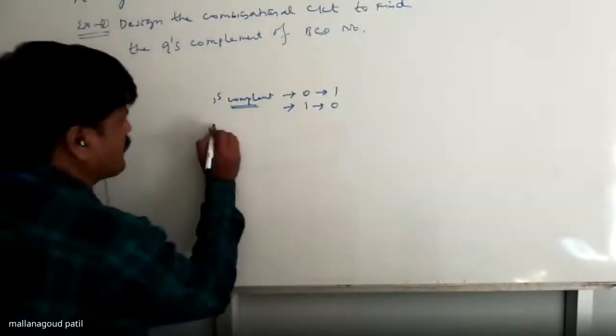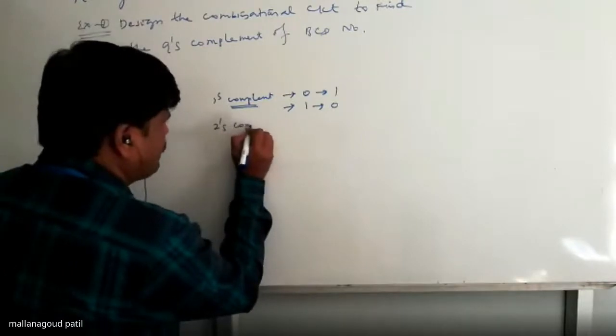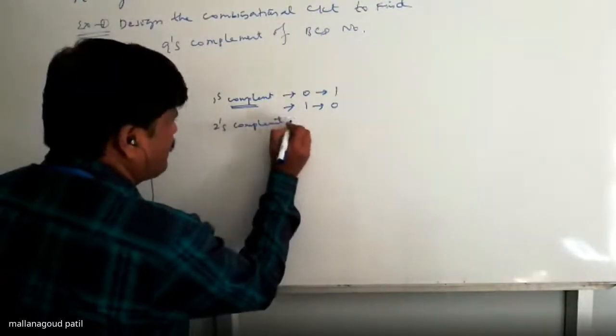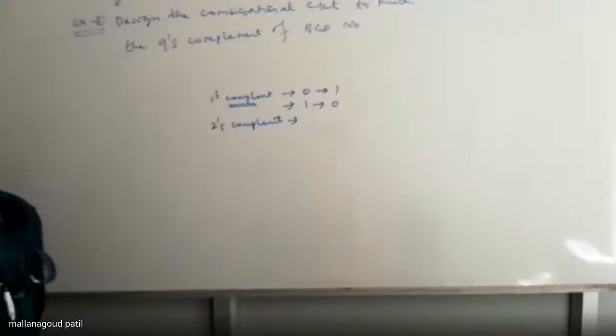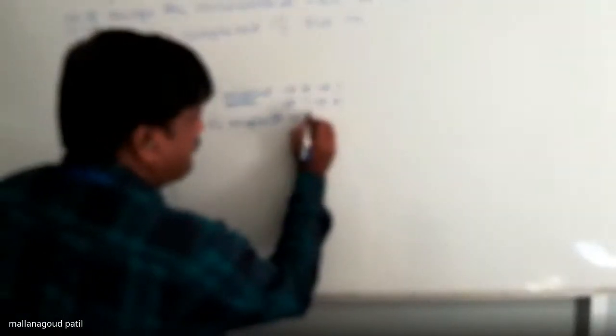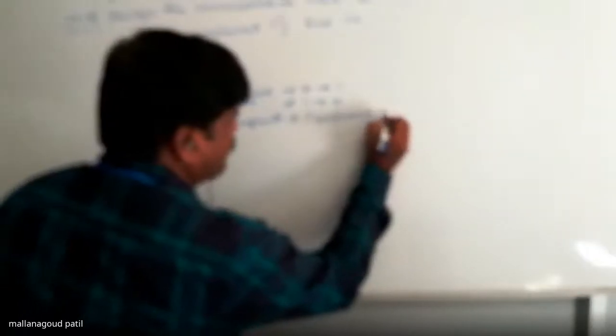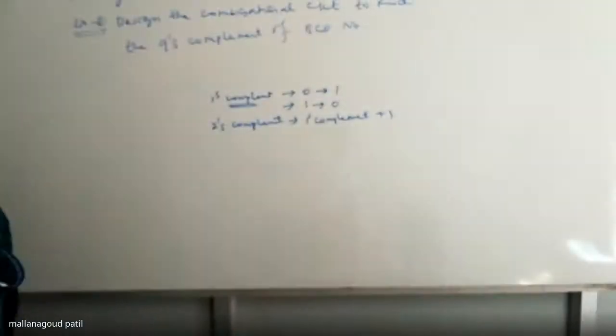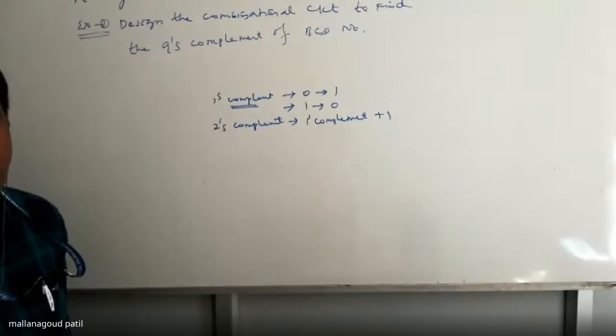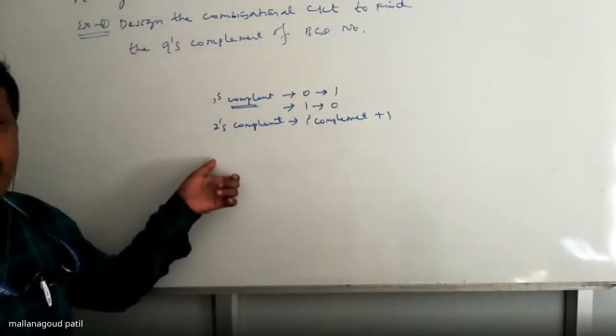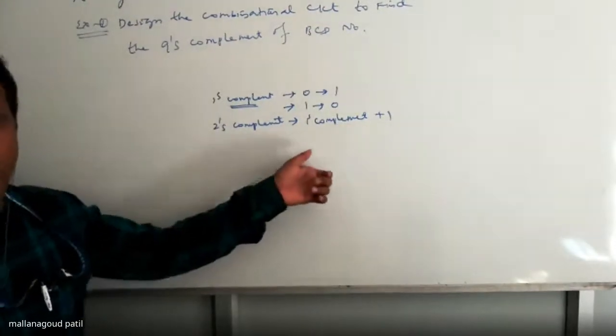Then what about the 2's complement? It is the 1's complement plus 1. Whatever number is given, you have to take its 1's complement plus 1.